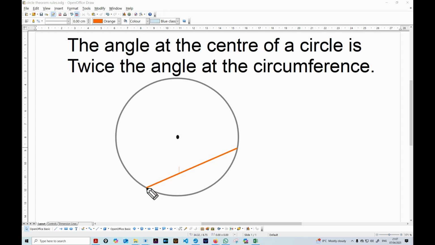I don't need the chord. All I need is those 2 points. From the 2 points, there is an angle made at the center of the circle.